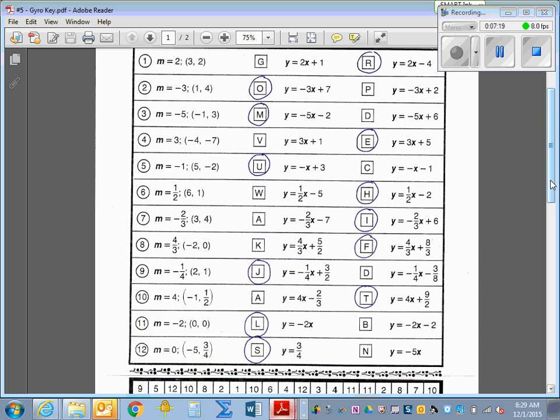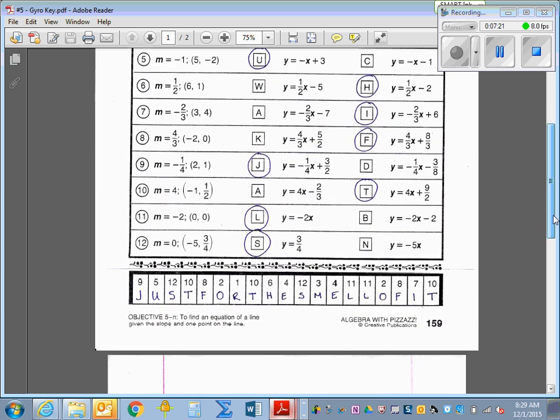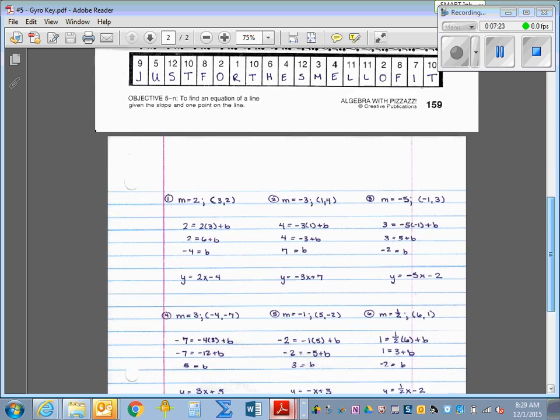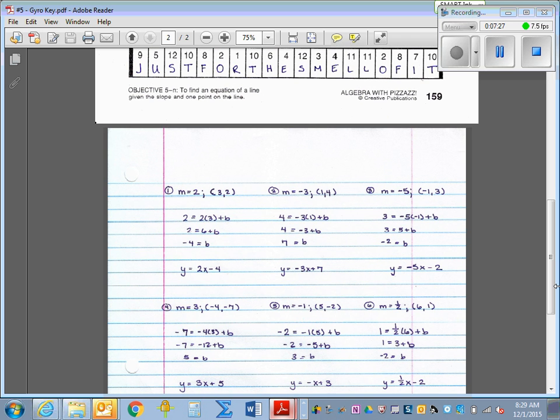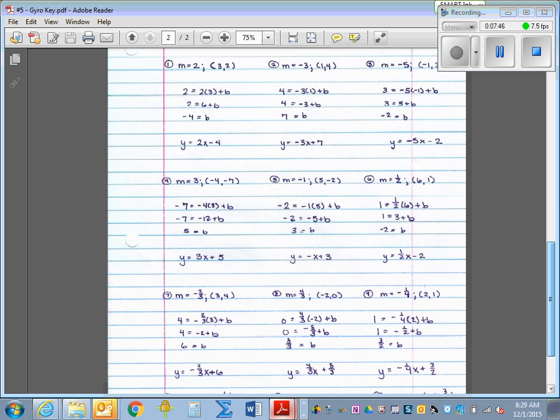Alright, and then the answer to the riddle was just for the smell of it. And then here's the work, so you can compare your work for 1 through 6. Scrolling down some more.